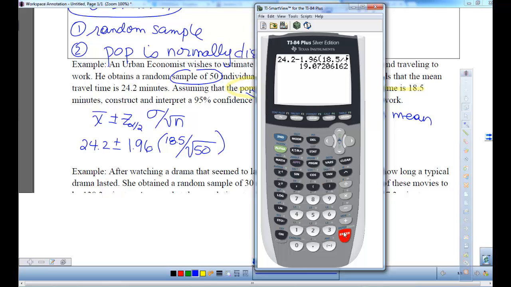That gives the lower end, and I do that again, except I'm going to add this time. All right, 29.32. So my interval, or my estimate for the population mean, would be 19.07 to 29.3.